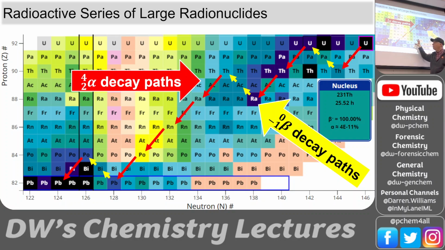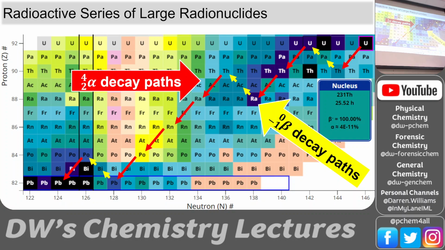I had updated the background chart, but the chart that I originally had was out of the freshman textbook, and it had total number of particles down here instead of just neutrons. And so if you look at those arrows, they go left 4 spaces instead of just 2 in your notes. And they should really just go left 2, because we're dropping down 2 neutrons and dropping down 2 protons. And so we have this steeper path here.